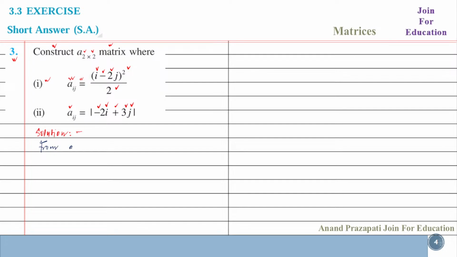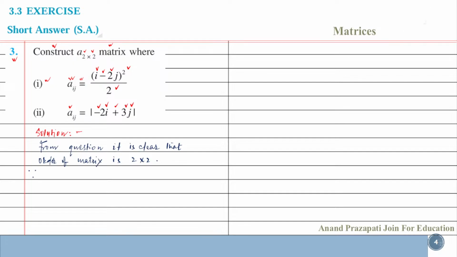From the question it is clear that the order of the matrix is 2 by 2.